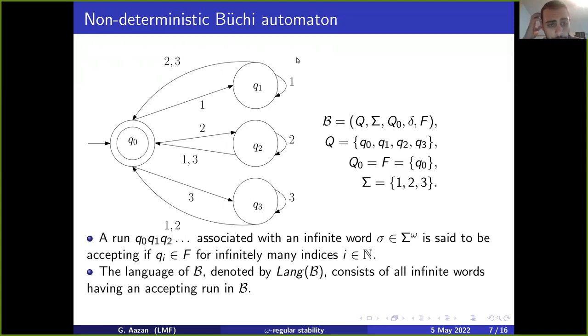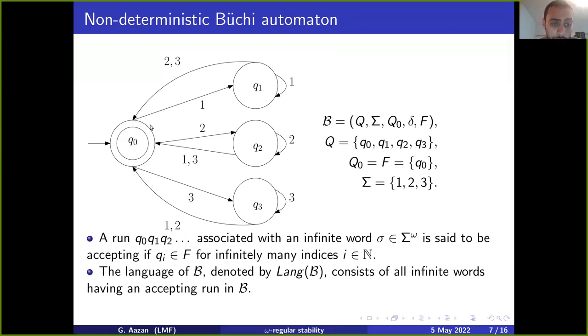And so what is a Buchi automaton? A Buchi automaton consists of a finite set of states, linked together by transitions over a specific alphabet. What's special here is that Q0 is an initial state and an accepting state. If we input an infinite word to this Buchi automaton, it will correspond to an infinite run.